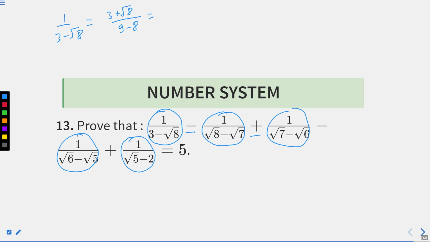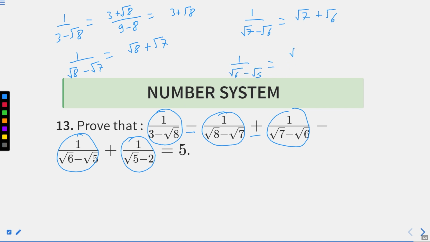So this is 3 plus root 8, and 1 by root 8 minus root 7 is equal to root 8 plus root 7, and 1 by root 7 minus root 6 is equal to root 7 plus root 6, and 1 by root 6 minus root 5 is equal to root 6 plus root 5, and finally 1 by root 5 minus 2 is equal to root 5 plus 2.